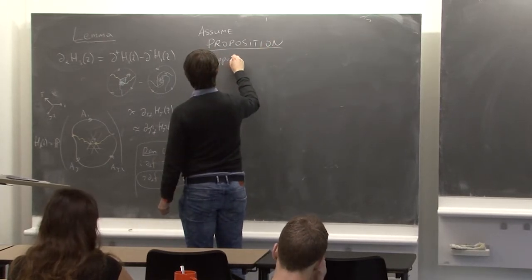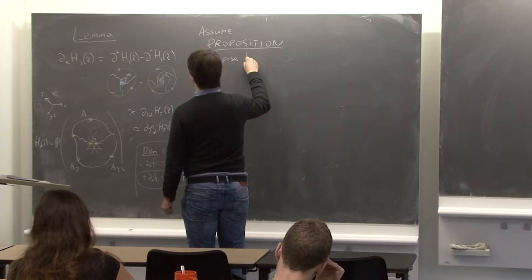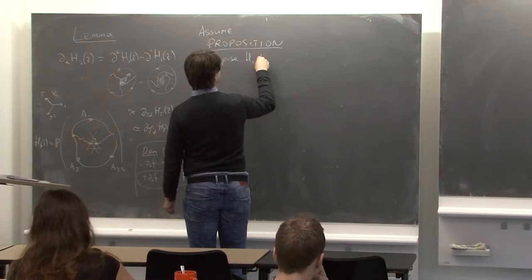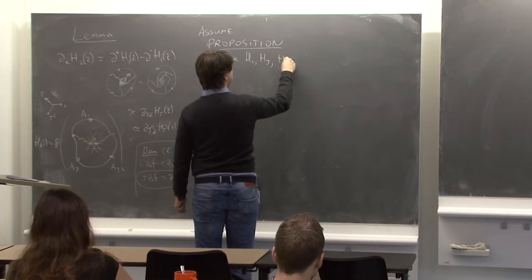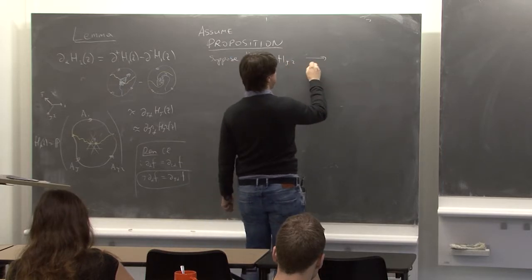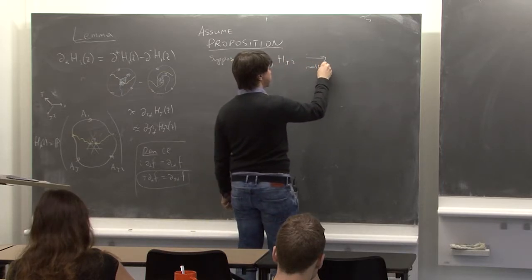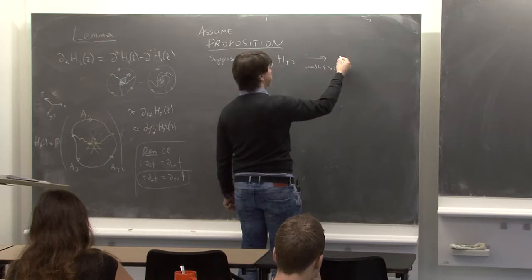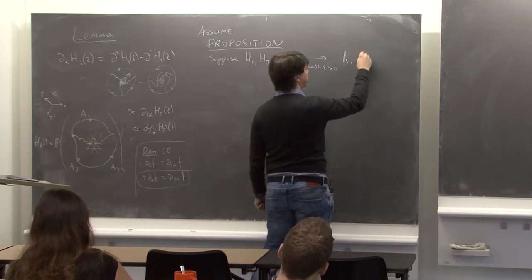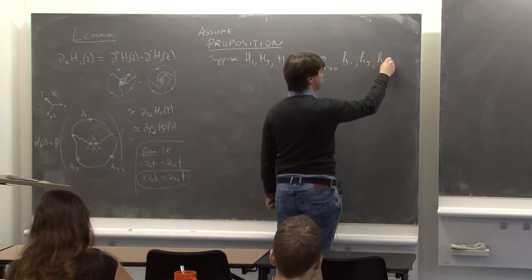Suppose h1, h tau, h tau squared tend, as the mesh of the lattice tends to 0, to some functions h1, h tau, h tau squared.